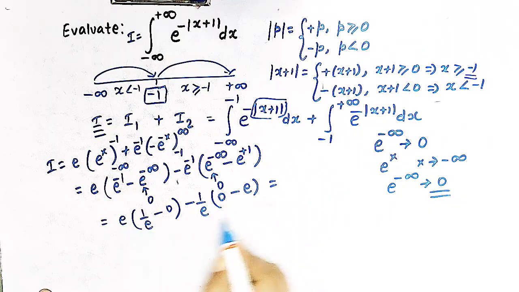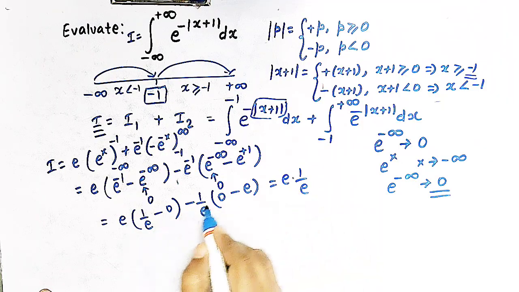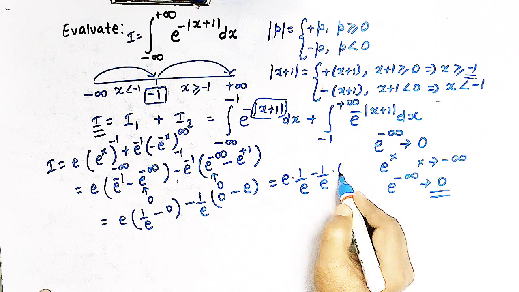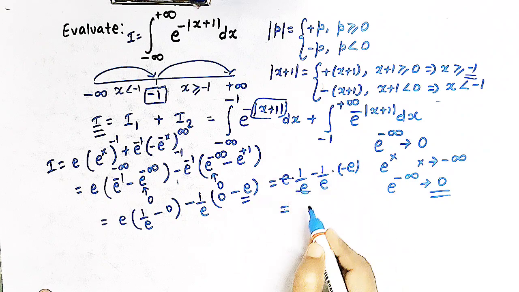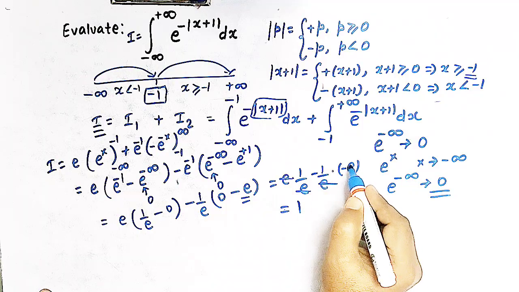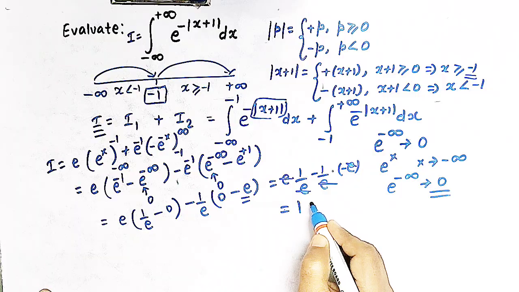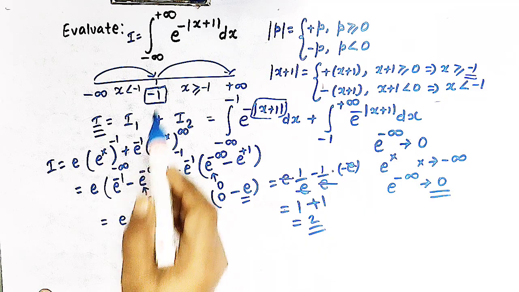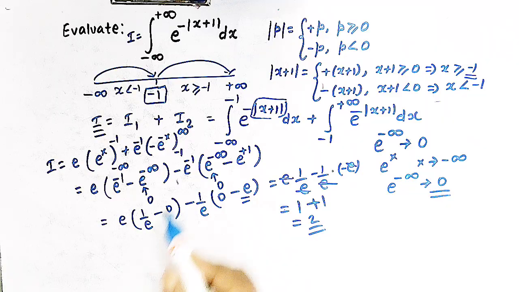So now here we can simply write e times 1 over e, and here we have minus 1 over e times minus e, right? So here e and e get cancelled, so we have 1. Here e and e get cancelled. Here minus 1 times minus 1 is simply plus 1. So we have 1 plus 1 is equal to 2, right? So the value of this integral is equal to 2.